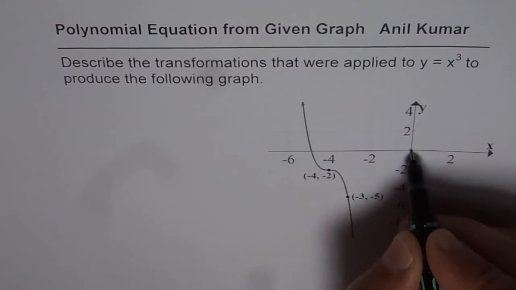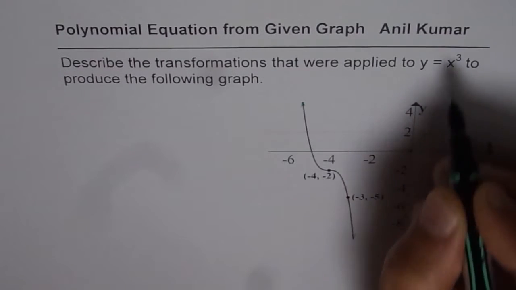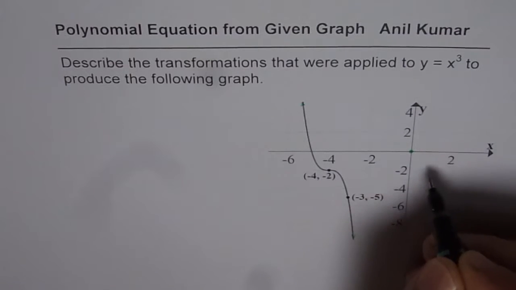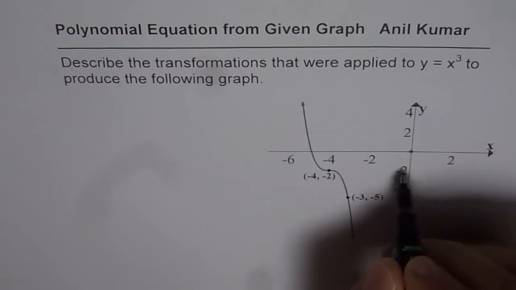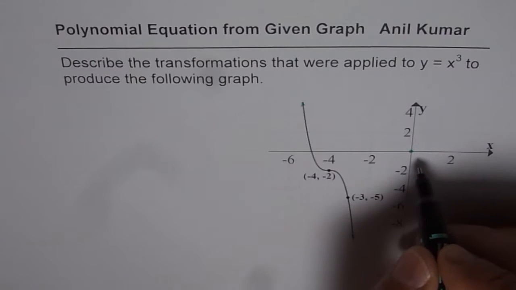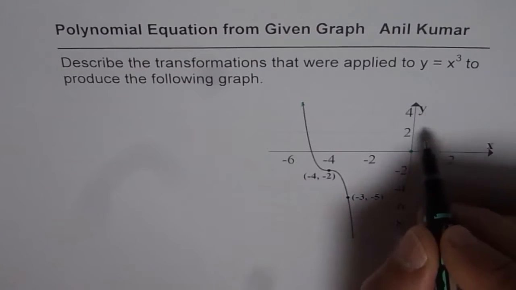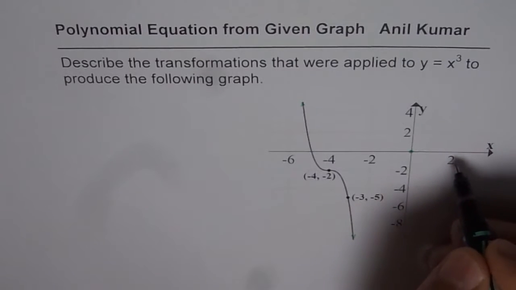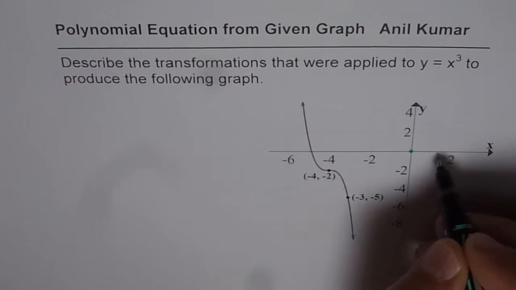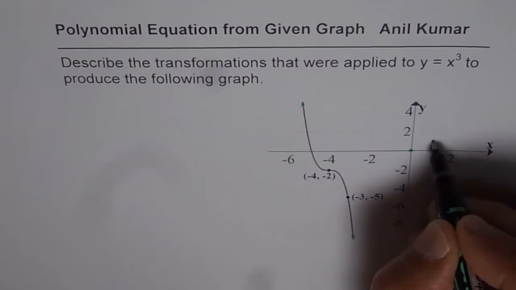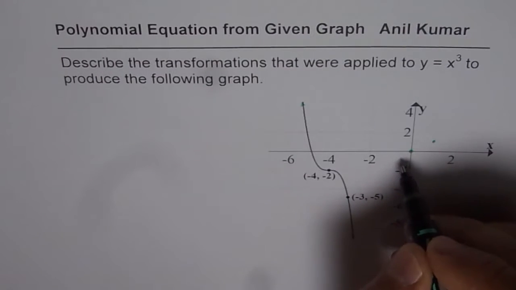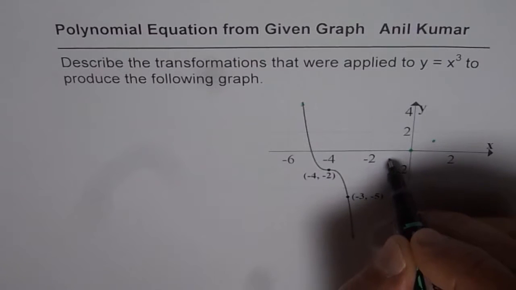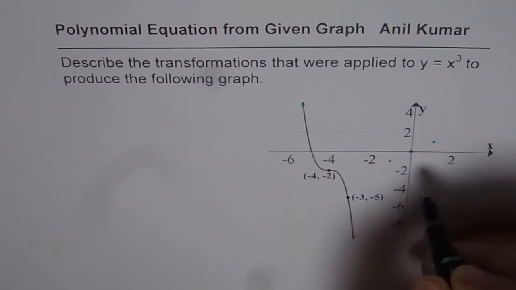So the original function y equals x cubed will have a point at the origin, right? It will go through the origin, and then 1 cubed is 1, so that will be plus 1, and then at minus 1, cubed is minus 1, so that will be the next point.